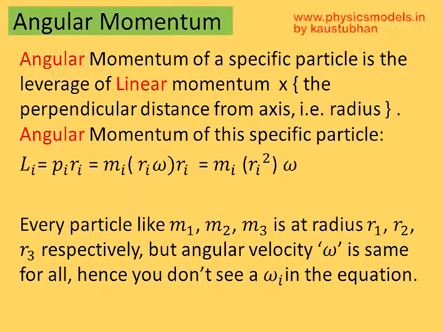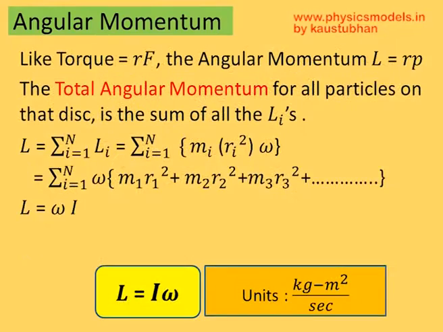You notice that there is no omega i because omega is constant. Now we have to sum up the angular momentum of all the masses on that disk. So capital L equals the sum from i equals 1 to n of each Li, that is L1, L2, L3, L4 and so on. Inside the brackets we get Mi Ri squared, times omega.